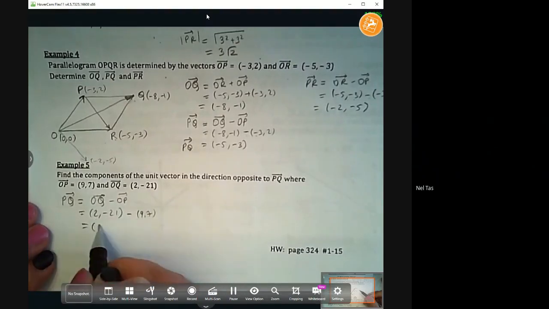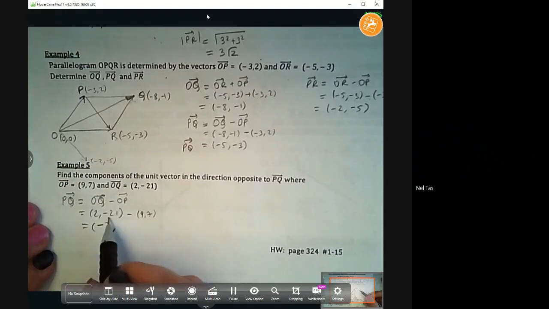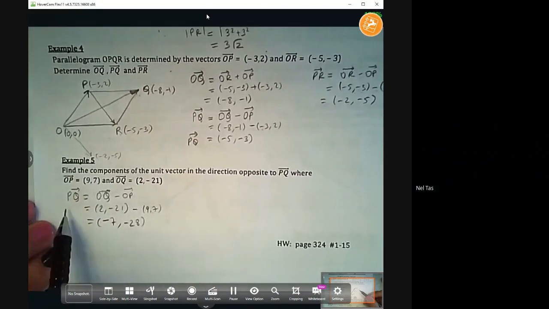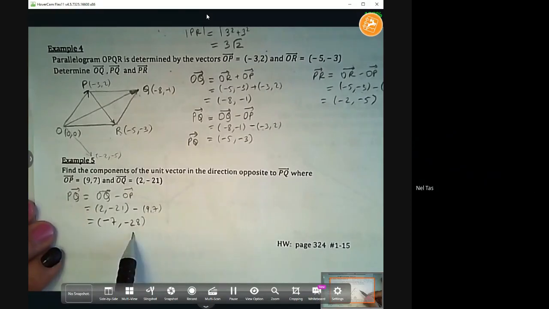So 2 minus 9 gives you -7. -21 minus 7 gives you -28. So that is PQ vector. Again, you get it as a position vector. The tail is at origin, and the head is at (-7, -28).